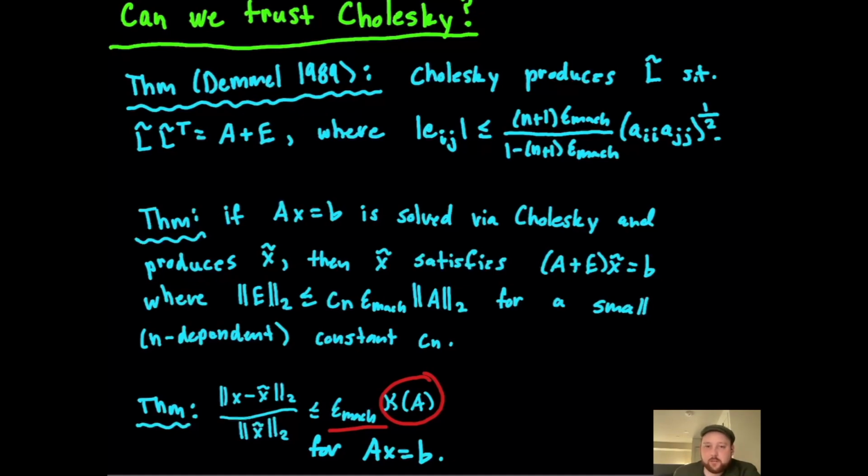If you remember when we talked about accuracy, stability, those types of things earlier in the class, if I had a very ill-conditioned problem, I can't expect to get a highly accurate result, right? And here that's encoded in this kappa(A), the condition number of A. Right? So as long as that isn't too large, we know that we get a computed solution that's accurate basically to machine precision for the Cholesky factorization.